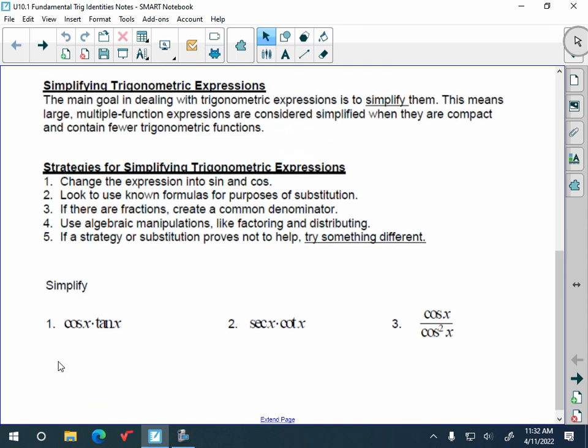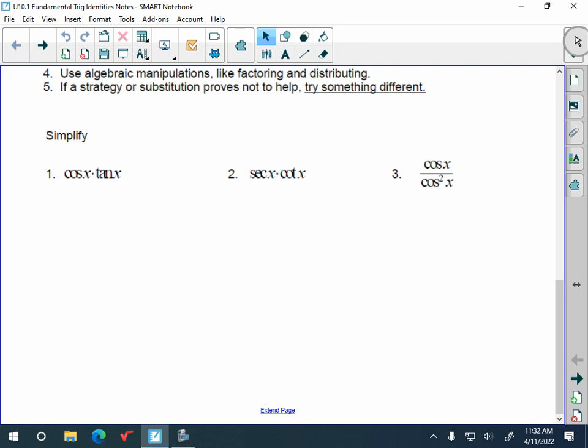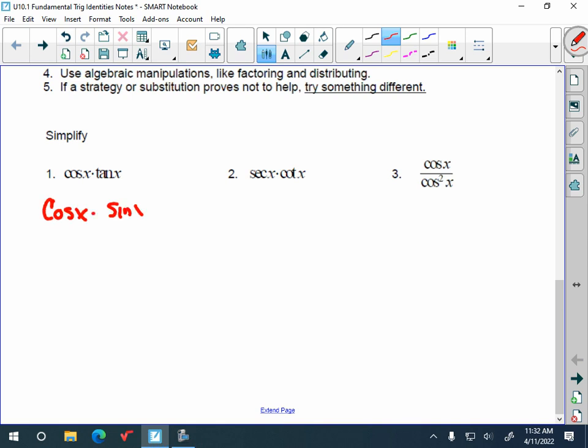All right, so again, one of the main strategies is to change things to sines and cosines, so things start to cancel out. On number 1, we have cosine x times tangent x. So I can change tangent x to something else. I can change it to sine x over cosine x. Now I can change cosine x by writing it as a fraction, putting it over 1.